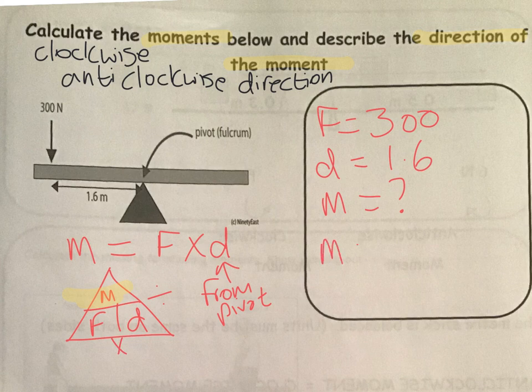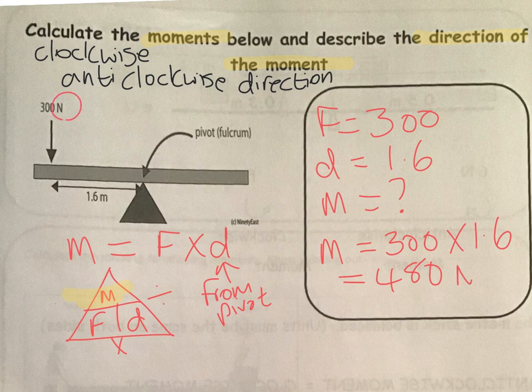So M equals 300 multiplied by 1.6, and just slotting that into our calculator, we get 480. And don't forget our units. Well, we had newtons in our question, and it was in meters our distance was given, so it's Nm. So the answer there is 480 newton meters.